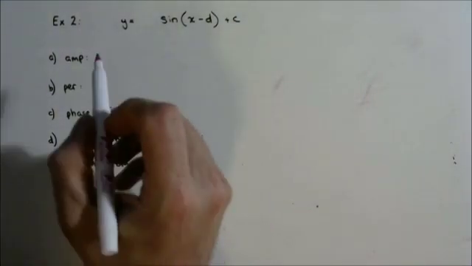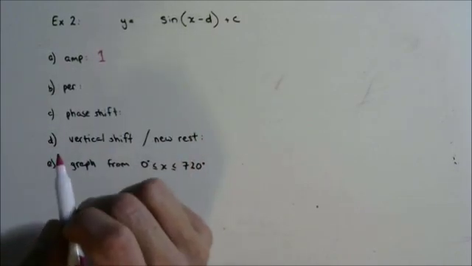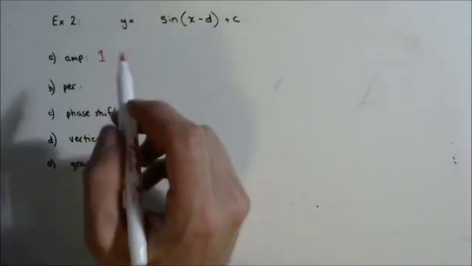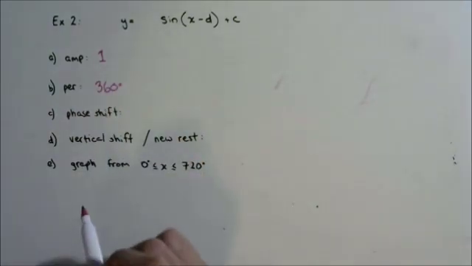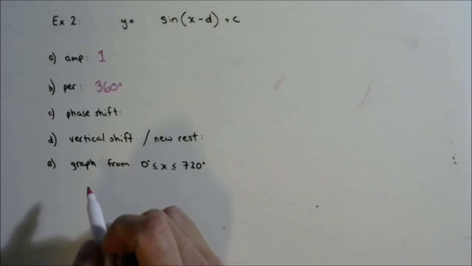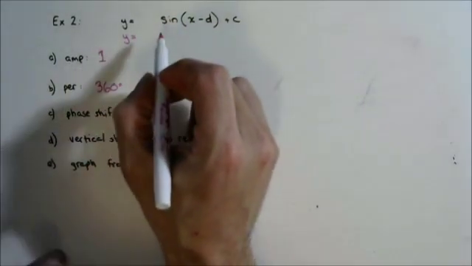All right, example 2, we're just working with the vertical and horizontal shift in this example. So amplitude is really easy. Standard amplitude of the periodic function is 1. Period length, again, it hasn't had a horizontal stretch or compression, so we're looking at a period length of 360 degrees. Phase shift, sorry, I should write down the example that we're actually looking at here.